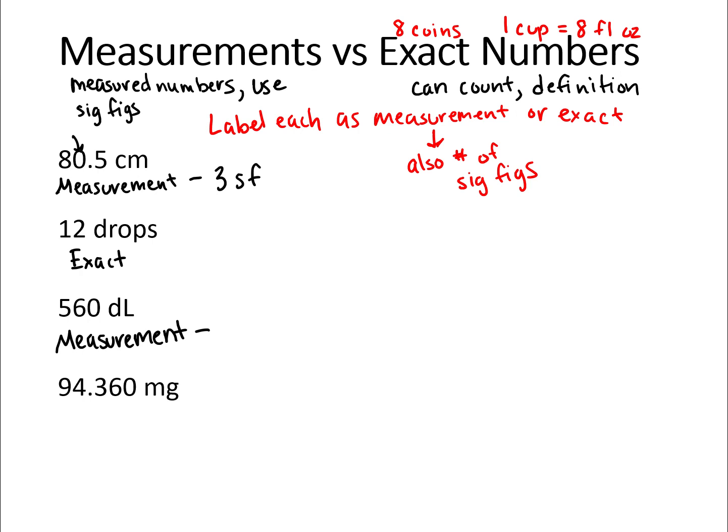Oh, we see a mix. So some say 3, some say 2. There are 2 sig figs here. This 0 at the end is a placeholder 0. So a 0 at the end, when there's no decimal, not significant.